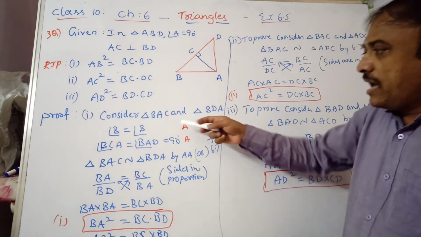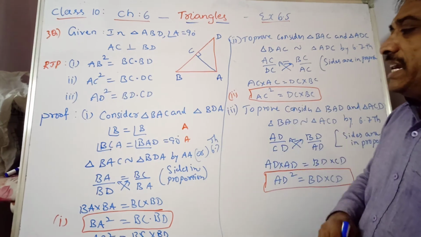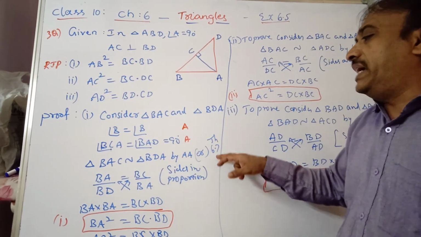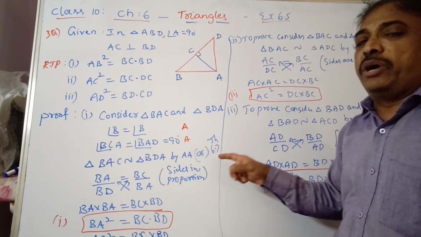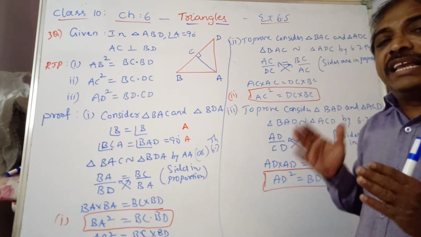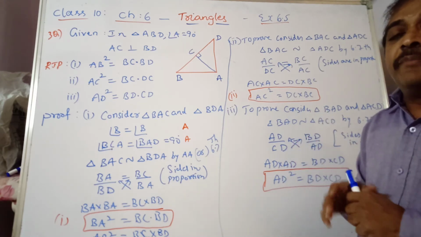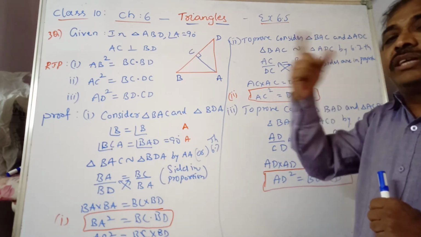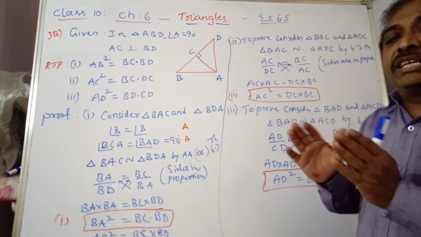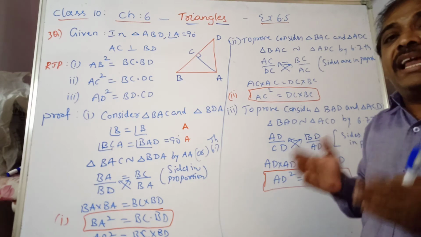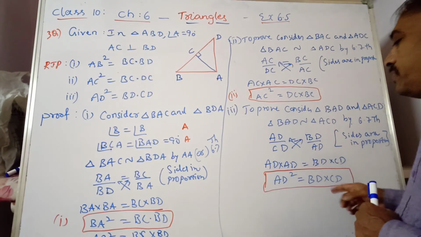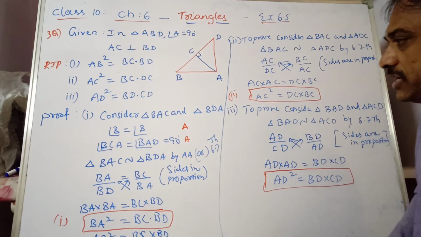Here I just wrote AA similarity, but without this you can directly write theorem 6.7. What does it say? In a right angle triangle, if you draw a perpendicular from the vertex of the right angle to the hypotenuse, that line makes either side triangles similar to the whole triangle and to each other. That concept we are using here. I hope you understood.